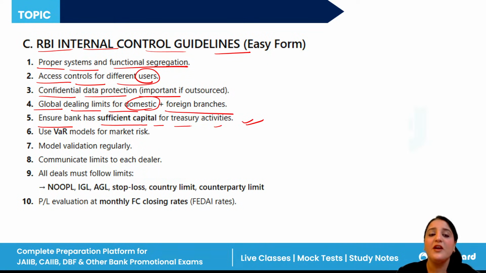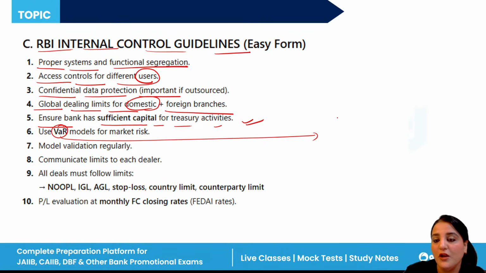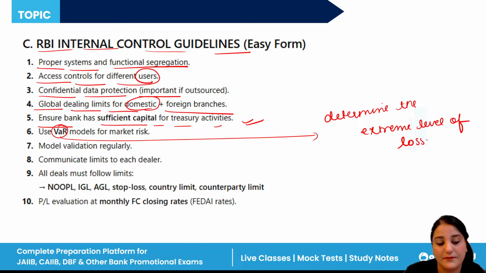They have to use a value at risk model for market risk. Value at risk model means this model is useful to determine the extreme level of losses, right?